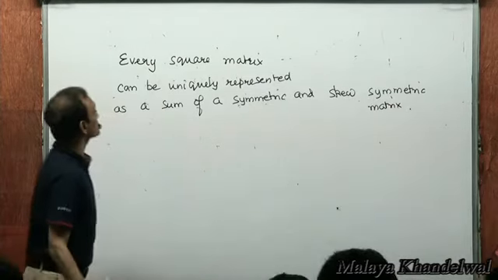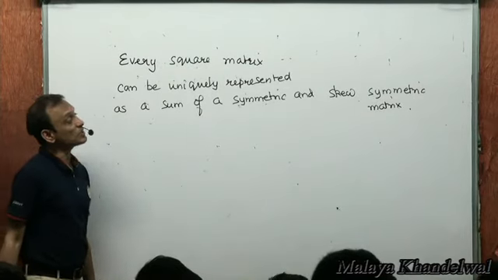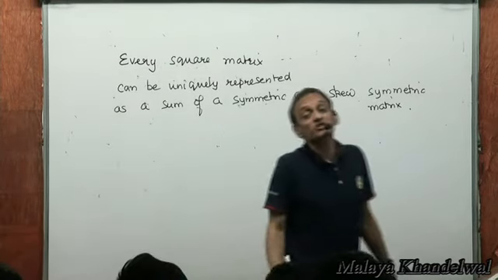Every square matrix can be uniquely represented as a sum of a symmetric and skew symmetric matrix.